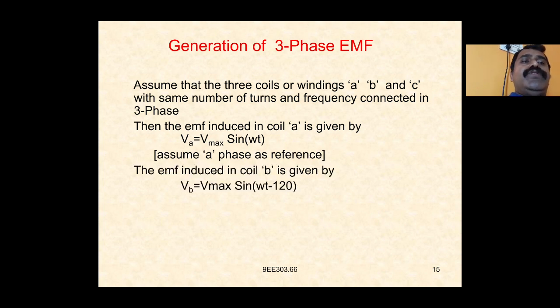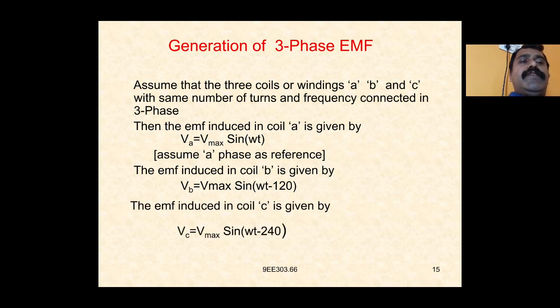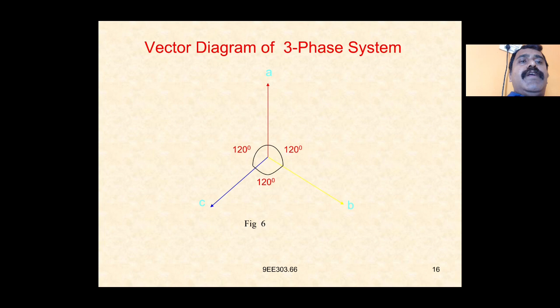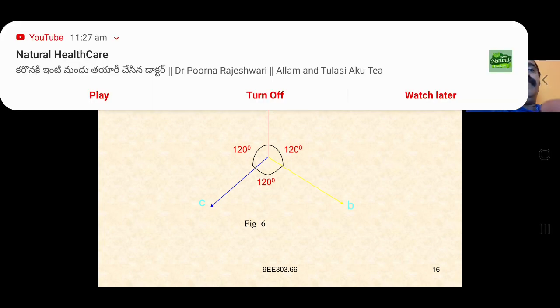The EMF induced in coil B is VB is equal to Vmax sin (omega t minus 120 degrees). The EMF induced in coil C is VC is equal to Vmax sin (omega t minus 240 degrees).